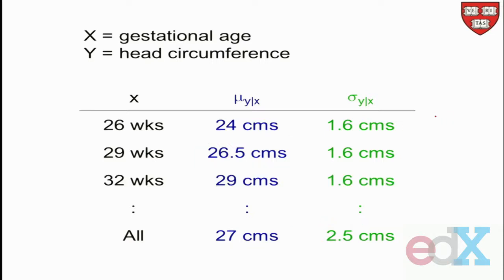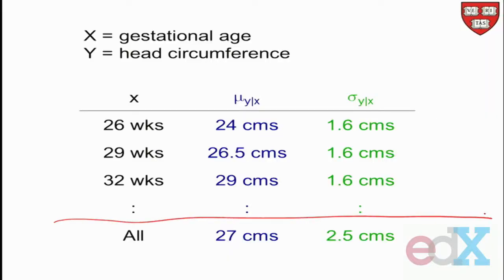What happens with the 32 weekers? Suppose their mean is 29 centimeters and their standard deviation is 1.6 centimeters. So overall it's a 27 centimeter mean and a standard deviation of 2.5 centimeters, but if we pay attention to the gestational age, we get slightly different answers.